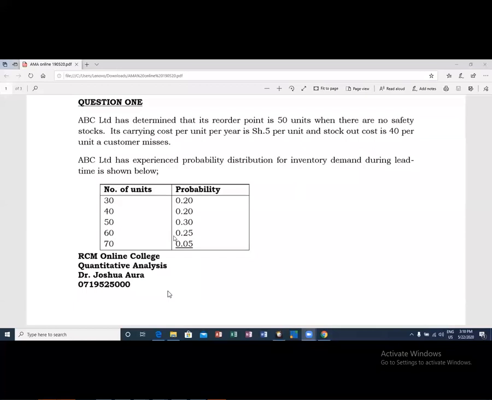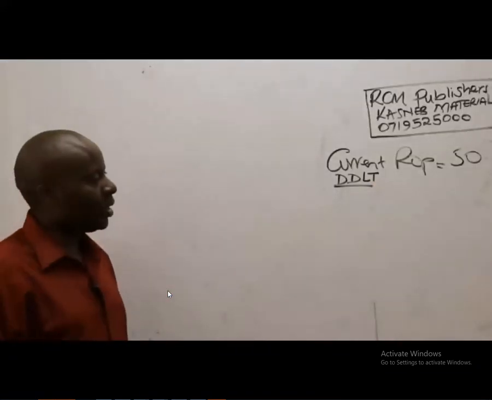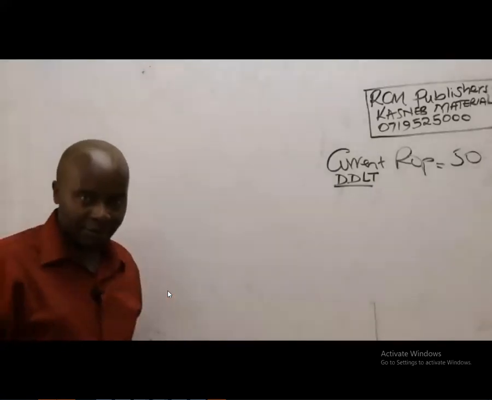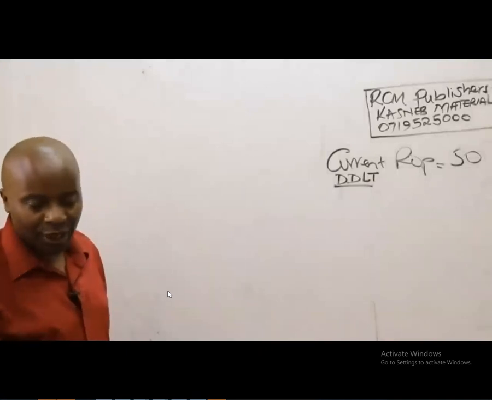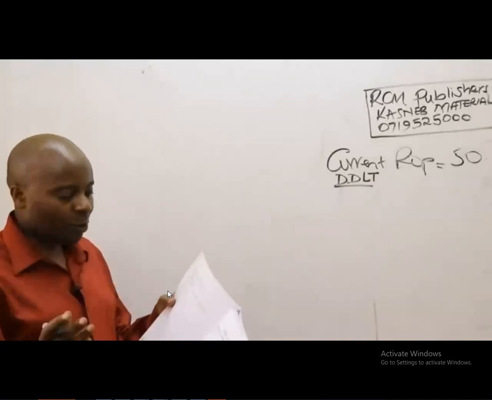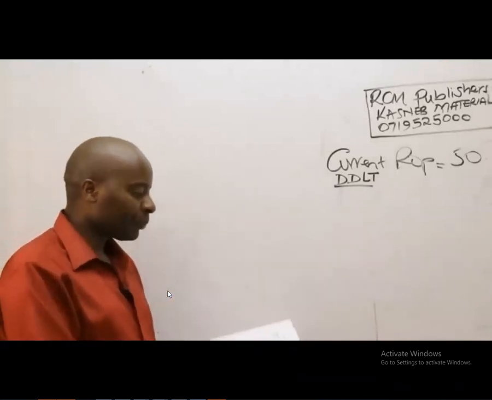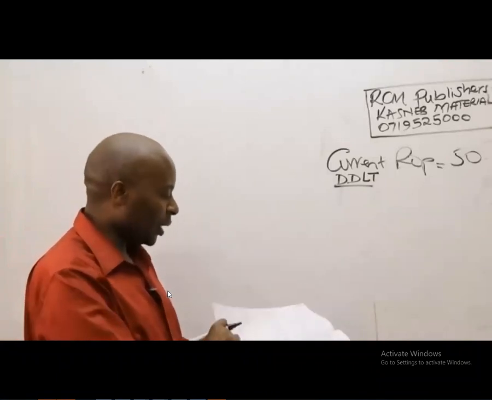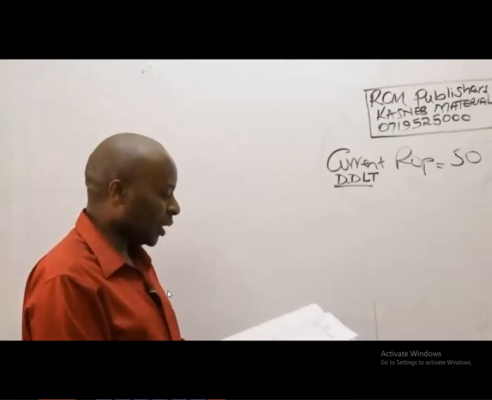And then number 2, if you could just zoom to my board here, we have what we call the DDLT. DDLT is demand during lead time. What do we have there as the demand during lead time?